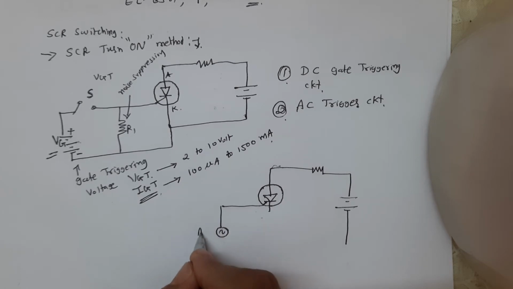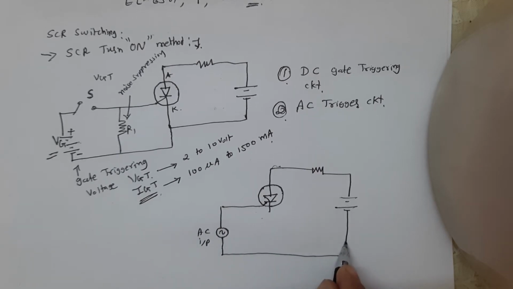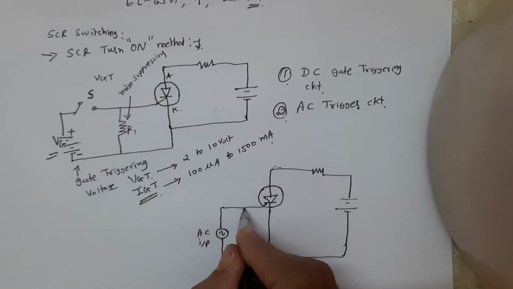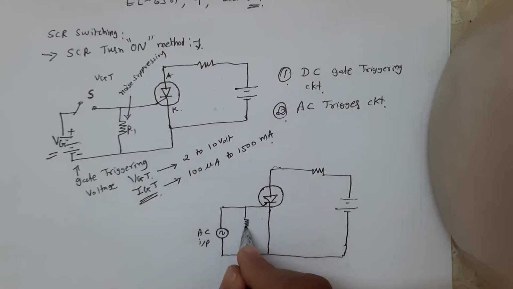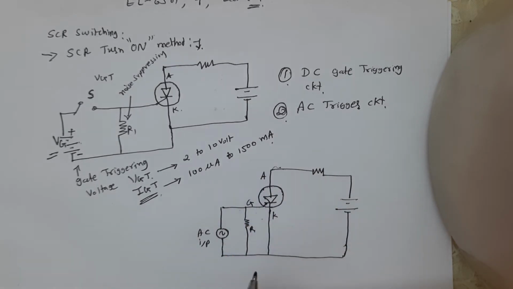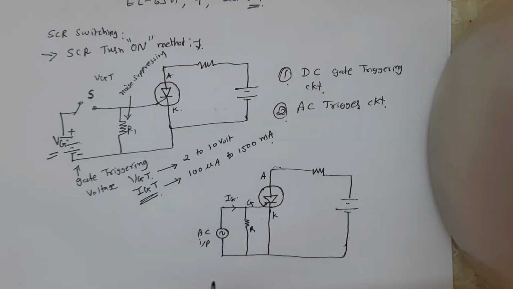This is your AC input, this is your cathode, the R for the noise suppression, this is your anode, cathode and gate. So this is your IG, right?